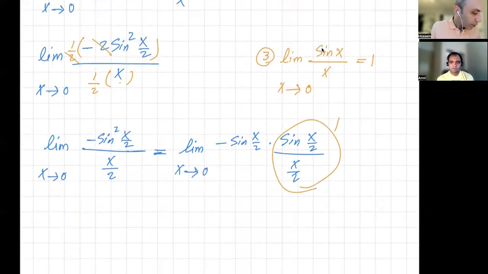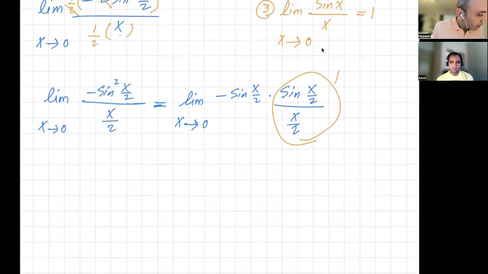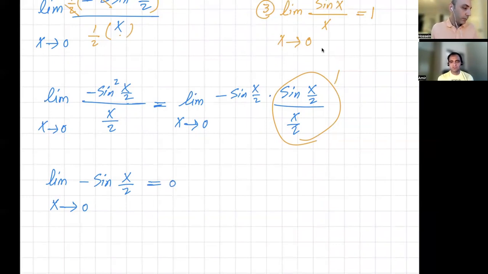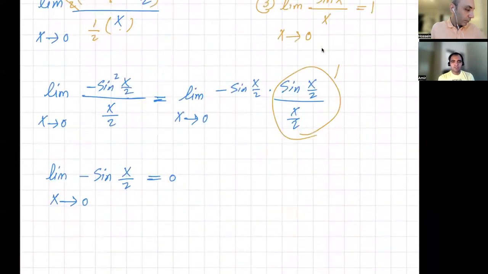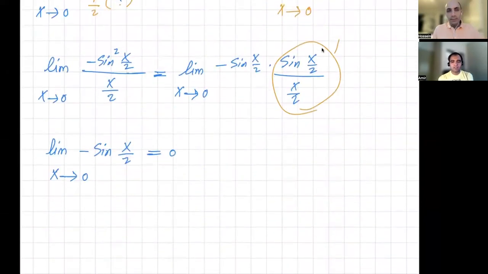So, let me see what is left. I have limit of negative sine of x over 2, when x is approaching 0. And this is clearly 0. It's going to be sine of 0, and sine of 0 is 0. So we conclude that the final value for the limit problem, please scroll up.